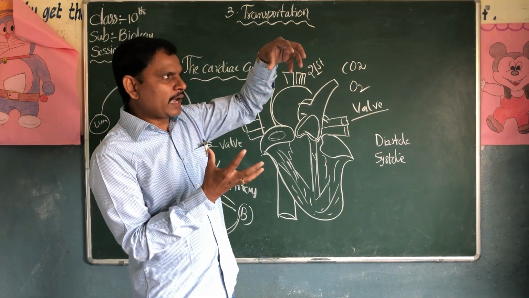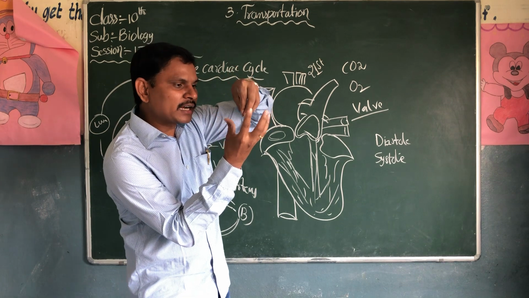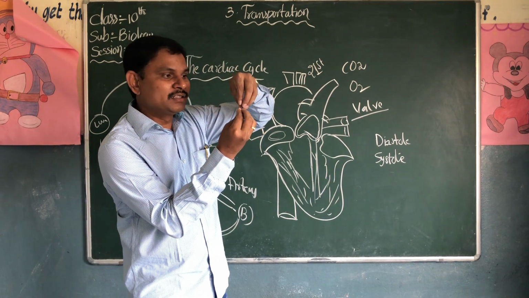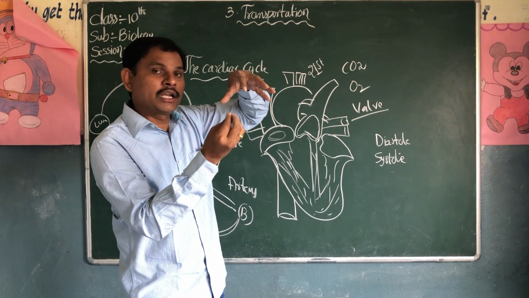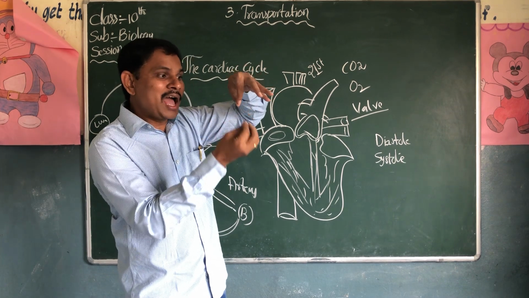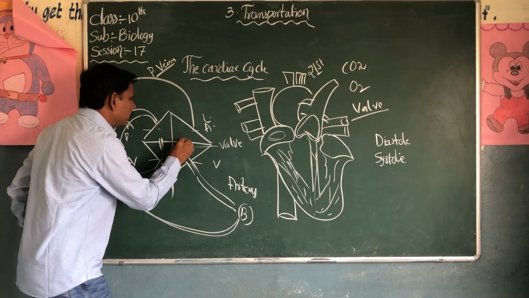So when the atria contract, blood flows into the ventricles. When the ventricle starts contracting, there is a chance for blood to enter in the reverse direction, again from the ventricle to the atria, so there is a valve present. This valve is going to close.